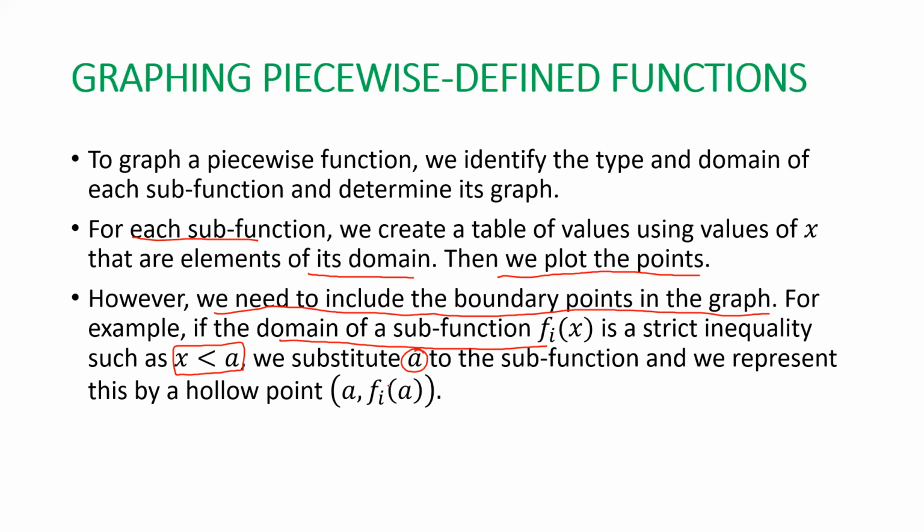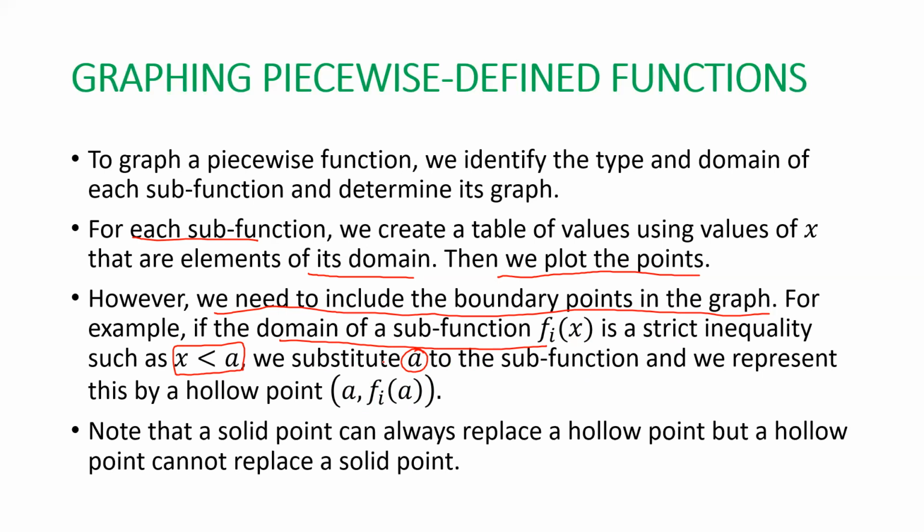This will be shown later in our examples. And then note that a solid point can always replace a hollow point, but a hollow point cannot replace a solid point. Usually these things will happen at the boundary values of the intervals of each subfunction.